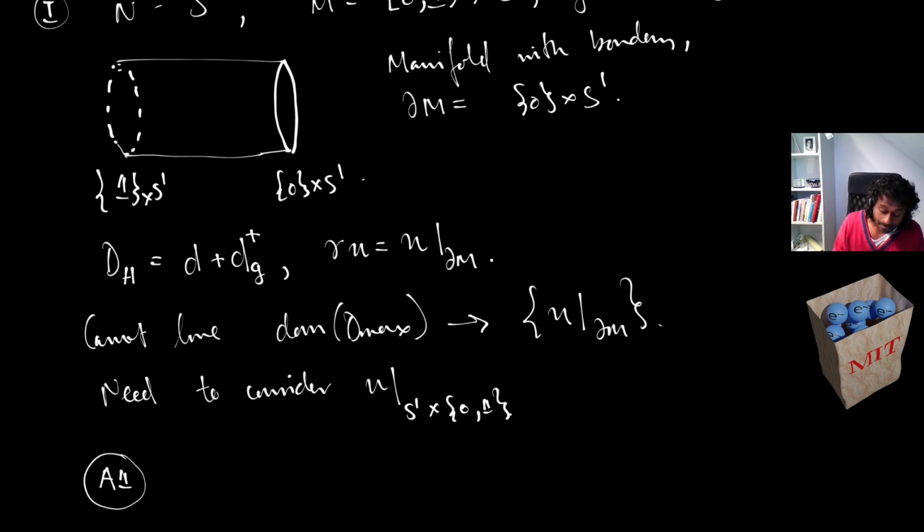If I do that, what will happen now when I look at the dom d max only restricting to this part of the boundary? I can show that such sections, because I'm integrating against things, so in the construction of dom d max, I'm only looking at things which are compactly supported on the inside part. So such a section will be in dom d max, and then I'm trying to control it only from the value at 0 cross S1 without really considering the values at 1 cross S1.